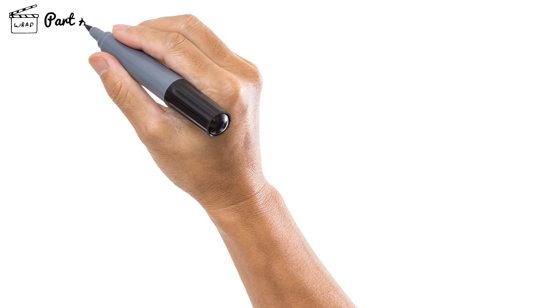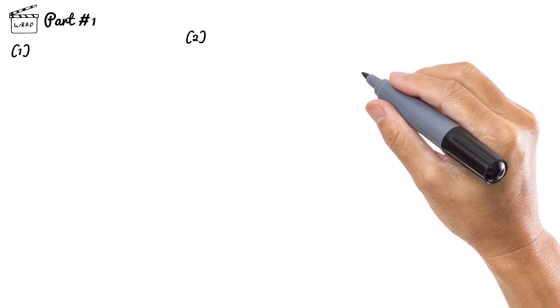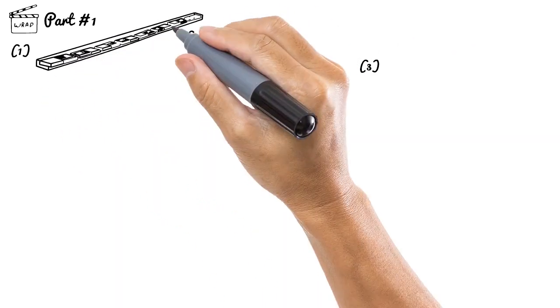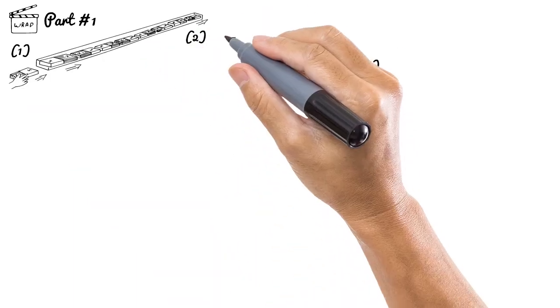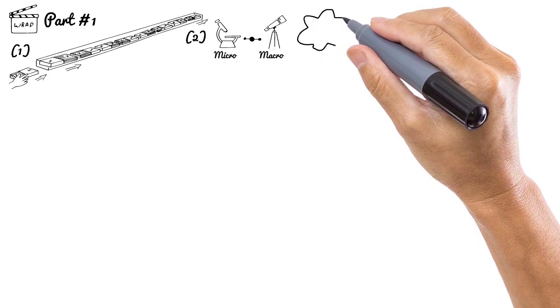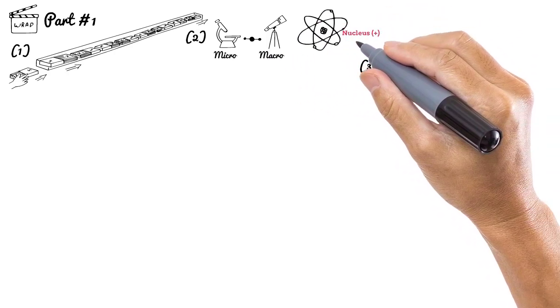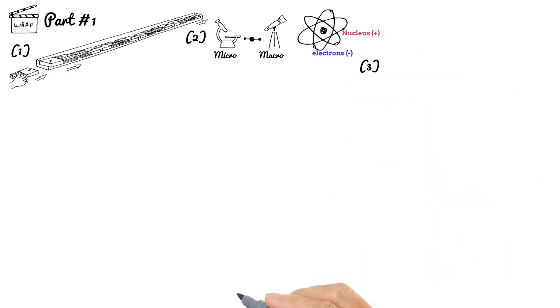Let's wrap up what we discussed so far. We started with three notional examples in the first part of the video. The first one was about a magnetized wagons chain to show how one magnet can move the whole chain. Micro and macro worlds were discussed next, where we talked about atoms, molecules, the positively charged atom center region called the nucleus, and negatively charged electrons orbiting around the nucleus.